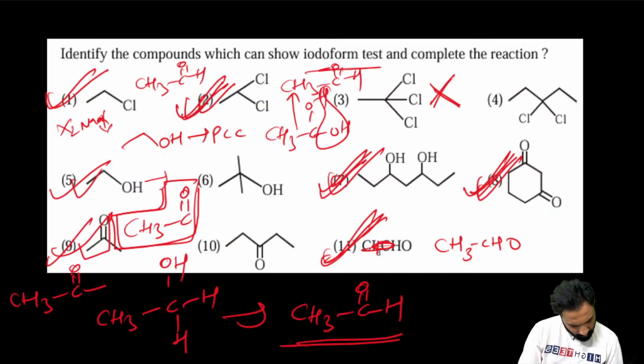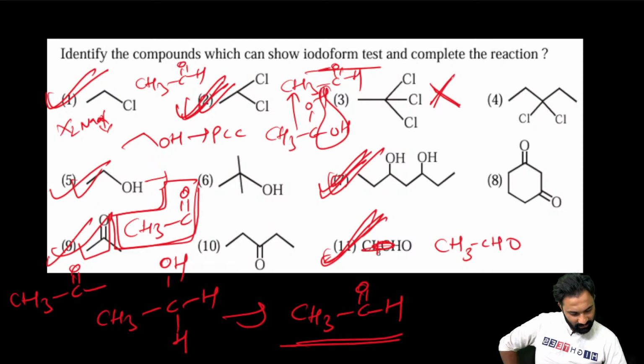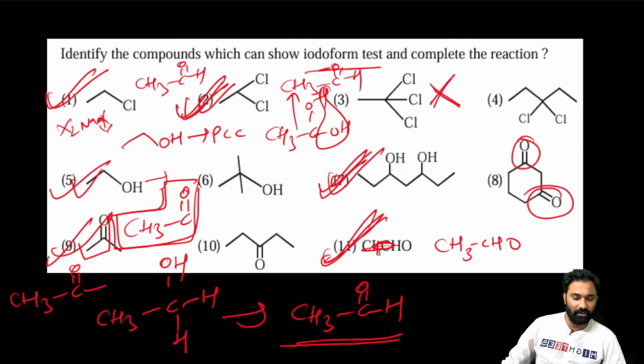Oh, here it is a ketone, right? Diketone, right. I thought it is a methyl. Right, 8 it will not give. I did not see it is a diketone. I thought this is a methyl. Okay, 8 it will not give. I thought you were asking 9. This is a diketone. Okay, fine.